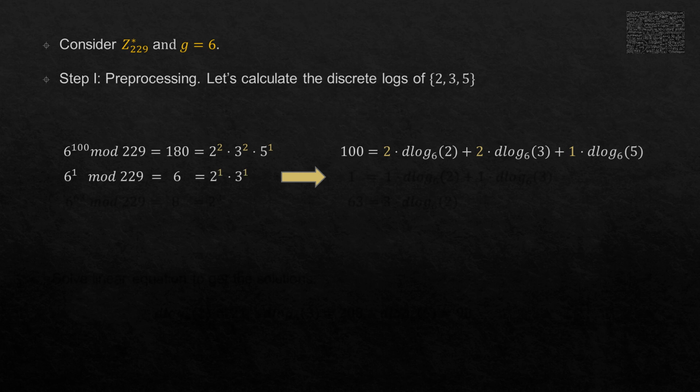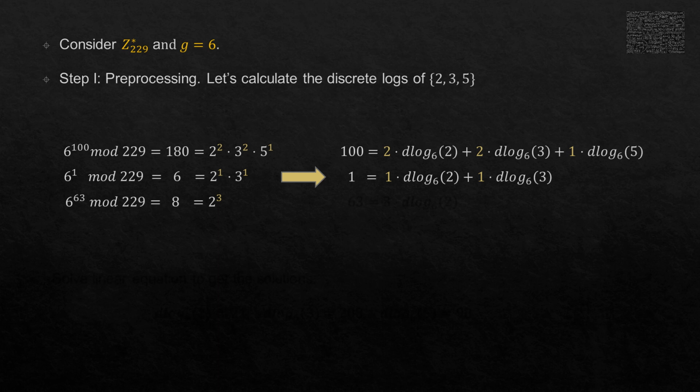I'm going to guess again. This time, the random number that I generated is 1, and 6 to the power of 1 is 6, which is equal to 2 times 3. And again, I'm taking the discrete log, and I get another equation. I repeat. So 6 to the power of 63 is 8, which is also decomposable by 2, 3, and 5.